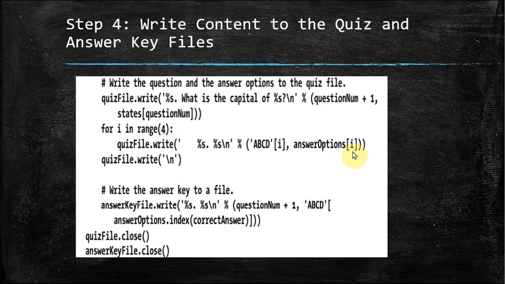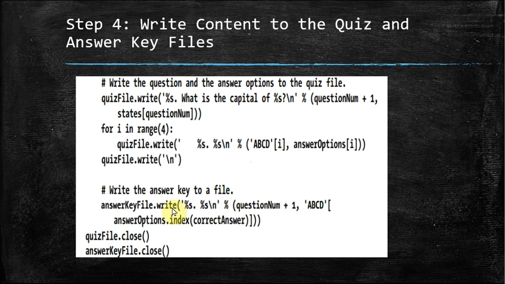The expression ABCD of i treats the string ABCD as an array and it will evaluate as A, B, C, like that. So you have the first option, the second option as B, the third option as C, and it goes on like that.